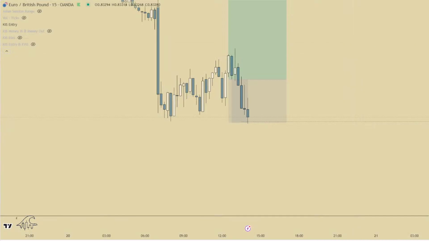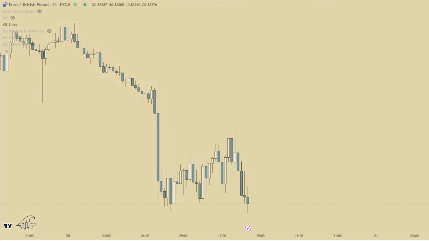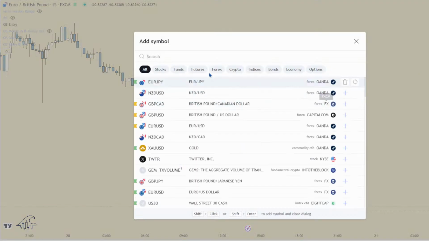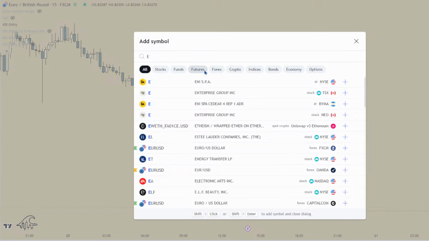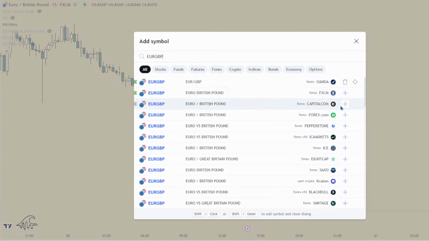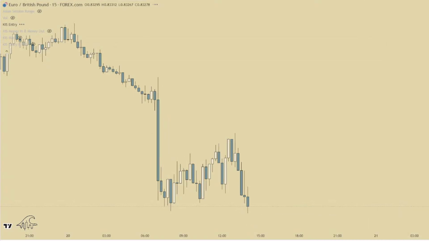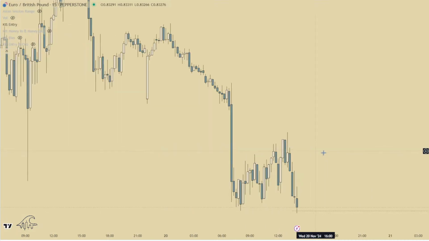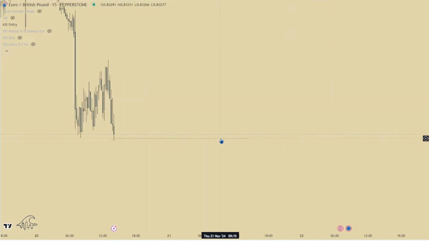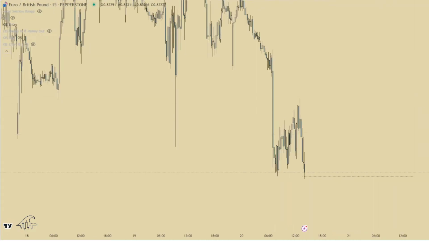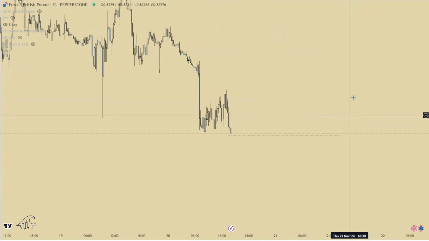Let's try FXCM. Nope. Let's try Forex.com, Capital, Pepperstone, and Skilling. Okay, none of them have the same. Now, that is also part of the KSI entry model, so it is kind of translating it onto a lower time frame, which is very frustrating.